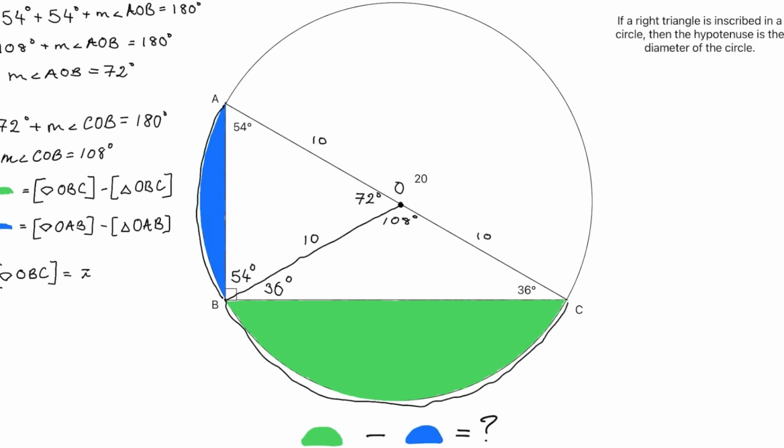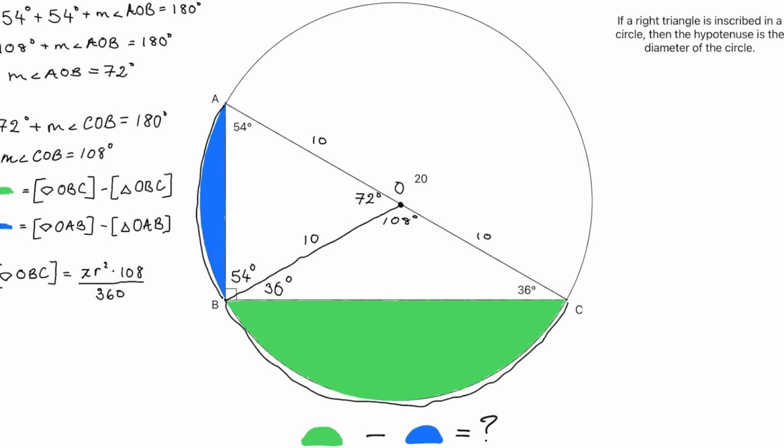If we take the area of the full circle, pi times the radius squared, and we know that in a full circle there are 360 degrees in total. But in this sector we are only taking 108 of the 360 degrees. So we need to multiply the area by 108 over 360.